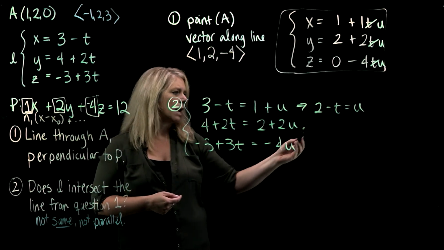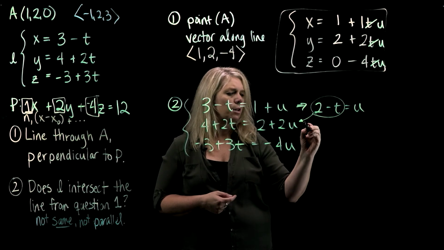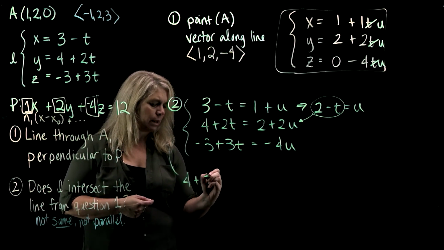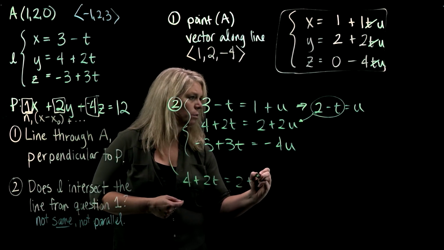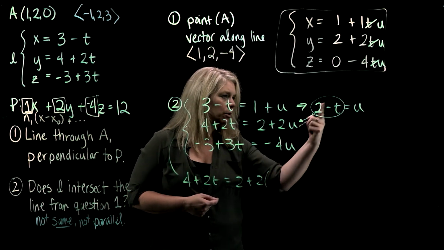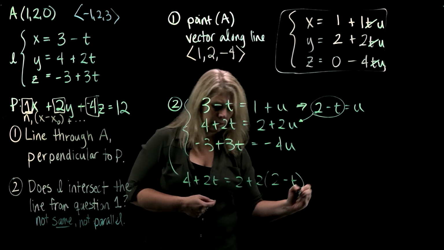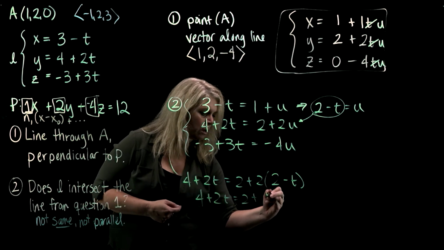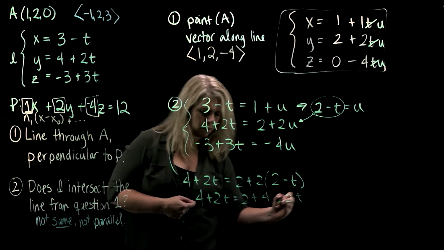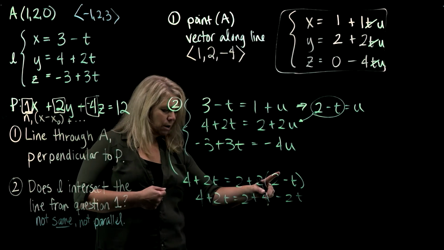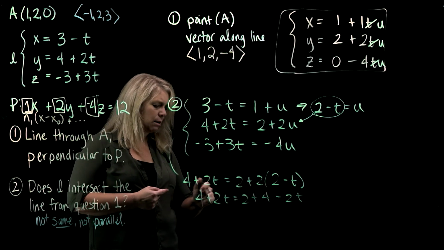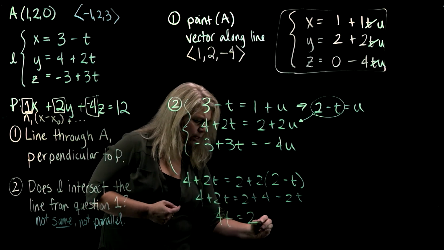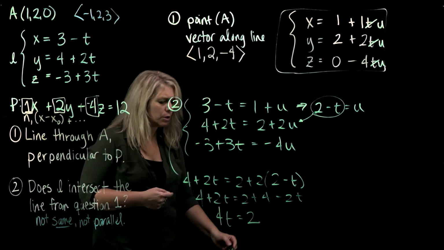Then if I substitute that into the second equation in place of u, I get 4 plus 2t equals 2 plus 2 times (2 minus t), so 4 plus 2t equals 2 plus 4 minus 2t. If I add 2t to both sides and subtract 4 from both sides, I get 4t equals 2, or t equals 1/2.